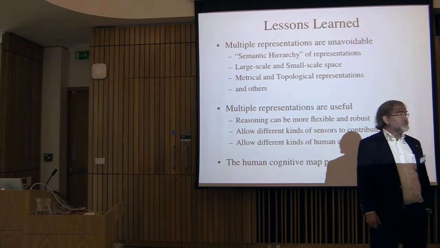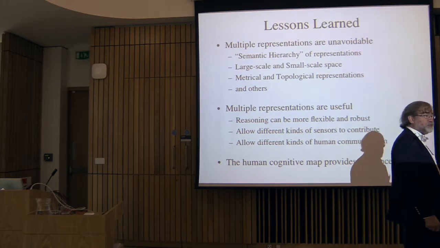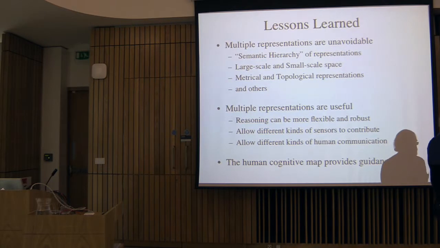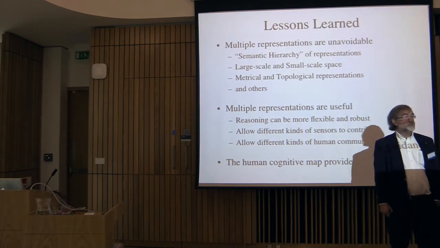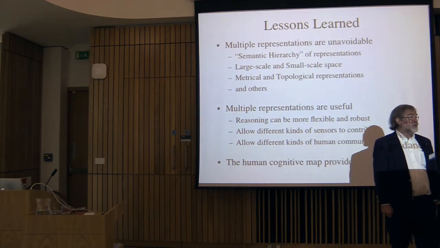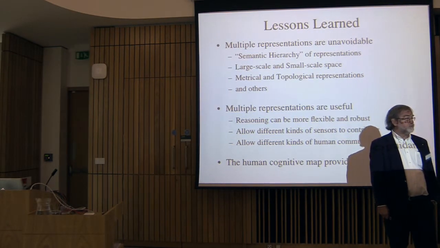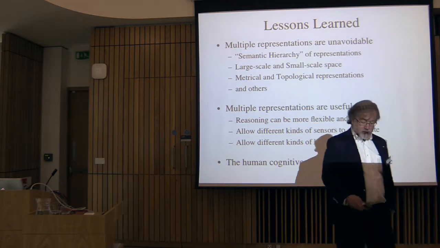Now, it is possible to build things that have superhuman performance of various kinds, but you really should understand why people do the things that they do, because often it is necessary in order to have the kind of robustness and flexibility that you want.